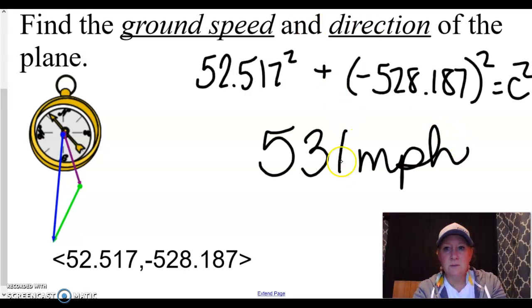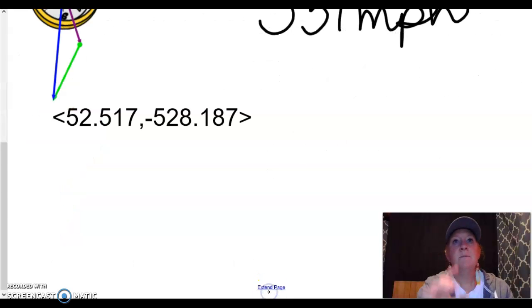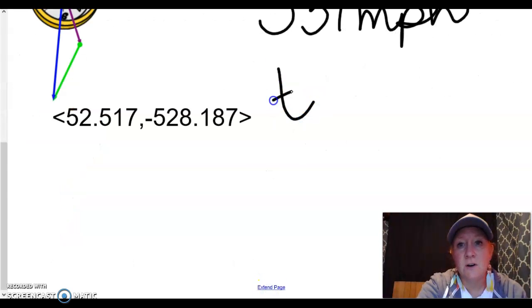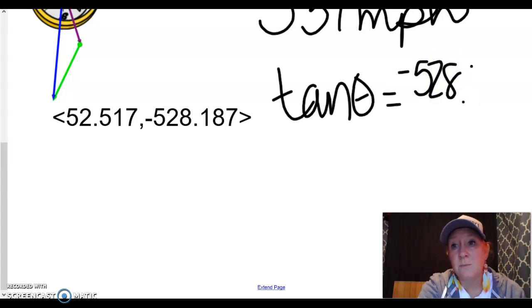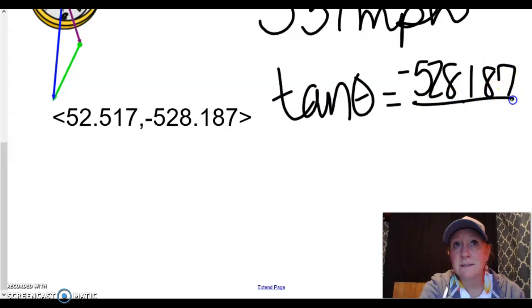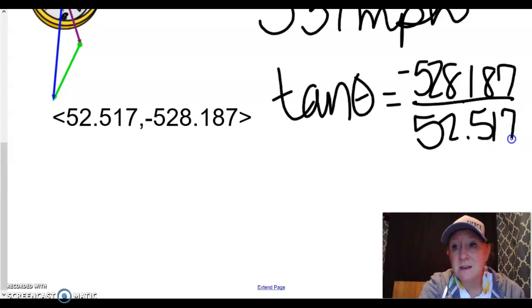Now, what can I do to find what is my angle on that? Well, this angle, again, was not drawn exactly, but the way I find it is I know that the tangent of theta equals rise over run, y over x. Okay, well, negative 528.187 divided by 52.517.